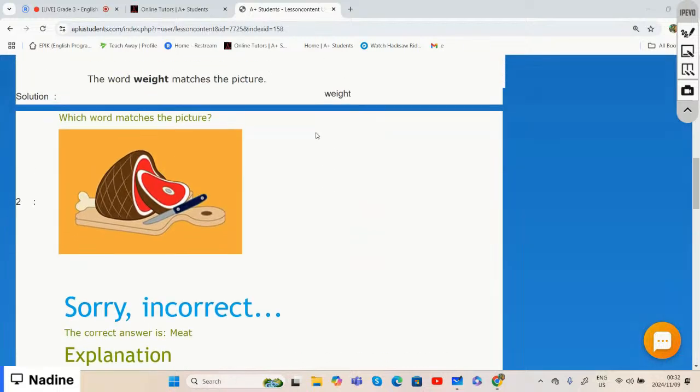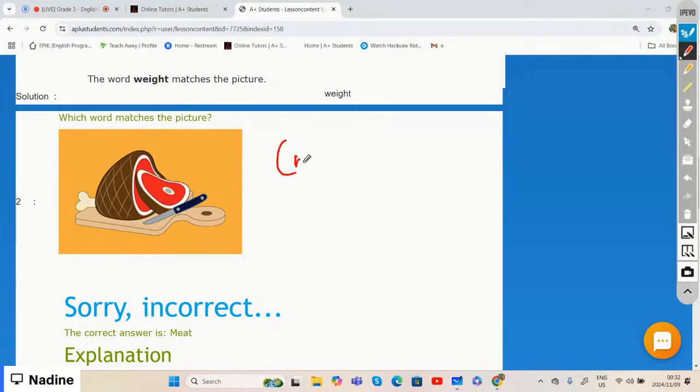Then we look at the next one. Look at this picture. Is this meat or is this meat? Which one is correct? Which word matches the picture? Meat, MEAT, or MEET?